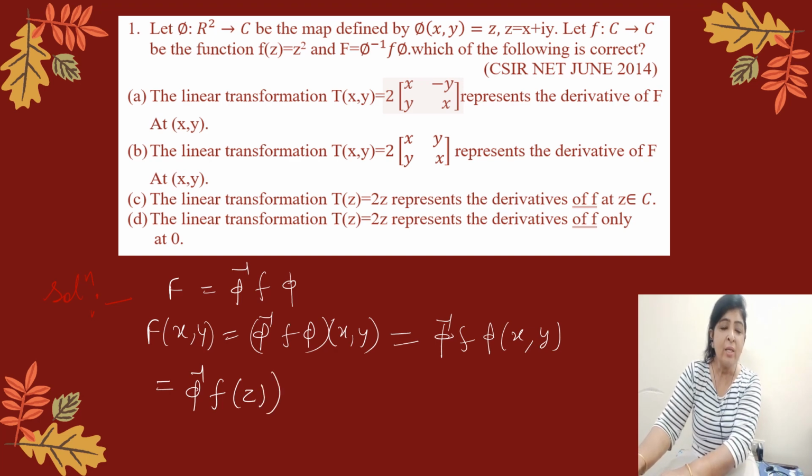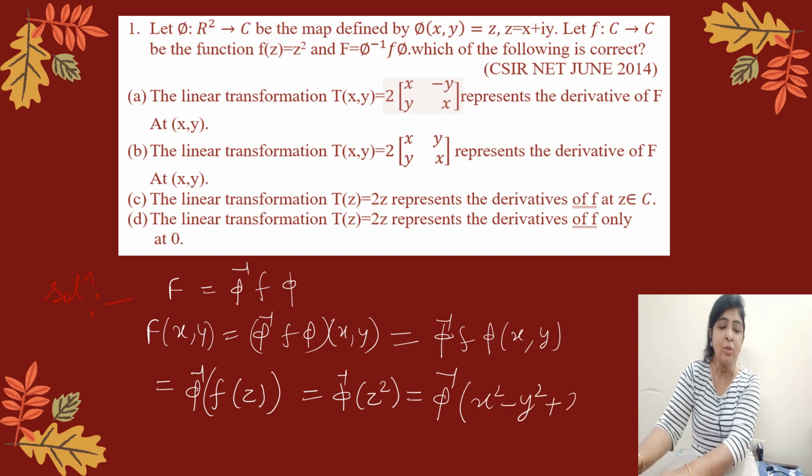Clear? Now what about f(z)? It is given as z square, so we open the z square where z is x plus iota y. So this will be phi inverse of x square minus y square plus 2 iota xy.